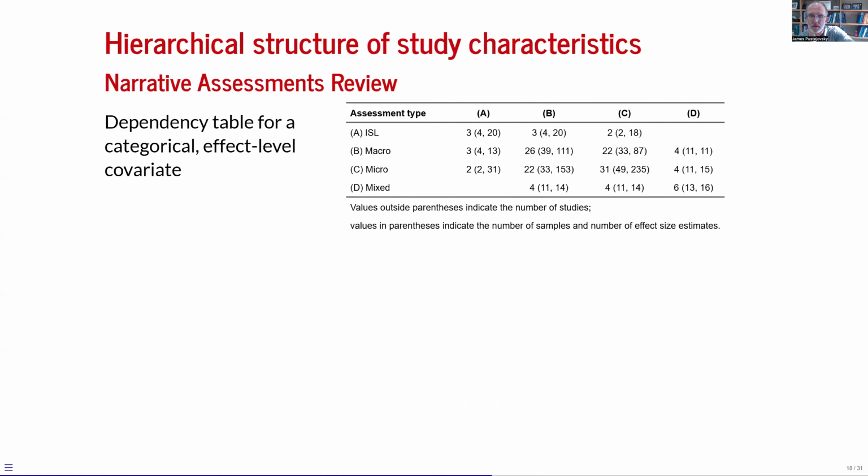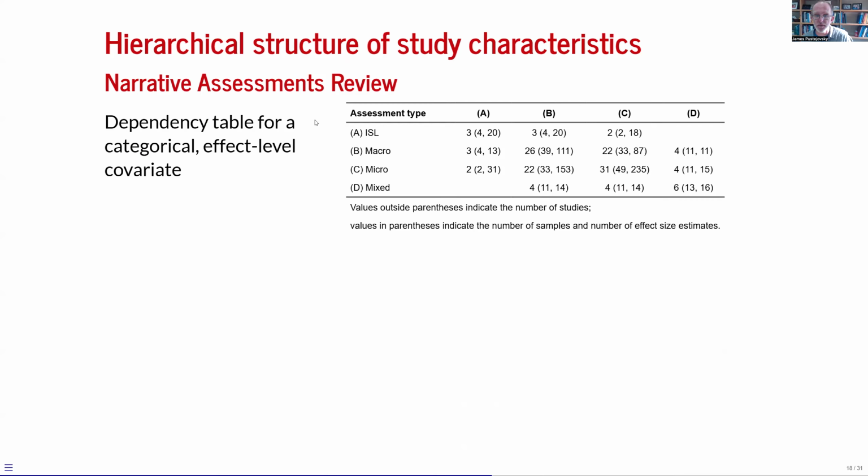So if you've got this type of structure, like within study variation in outcome types, and if you have many studies that measure multiple categories of outcomes, you can think about doing multivariate working models.